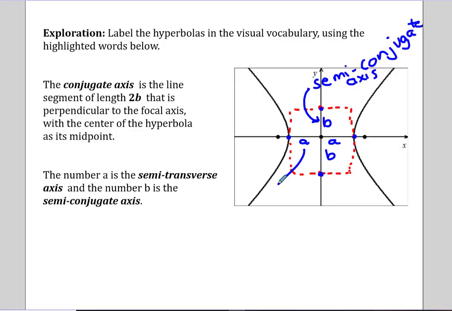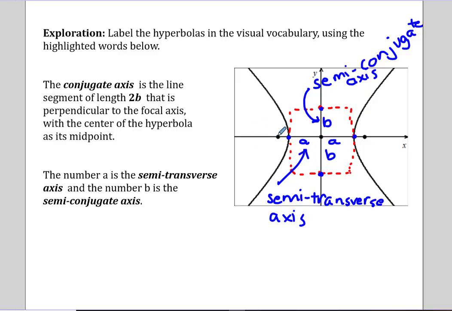And just one a value, from the center to any particular vertex, would be called the semi-transverse axis. So 2a is the transverse axis, 2b is the conjugate axis.